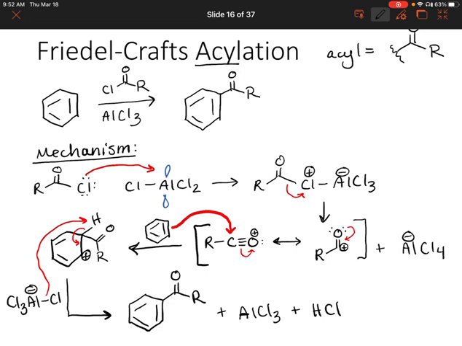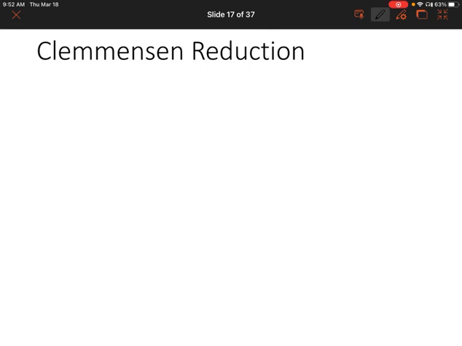Okay, so what if we wanted to turn that into just an alkyl group? So what if we wanted to reduce the carbonyl group? Well, we could perform what's called the Clemmensen reduction. And the Clemmensen reduction is really advantageous in situations where you do end up with multiple products.